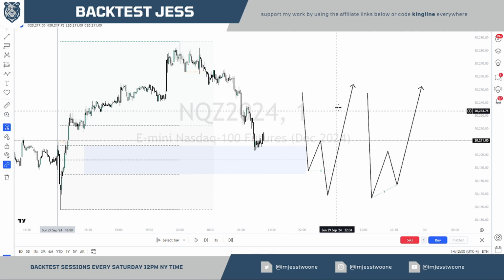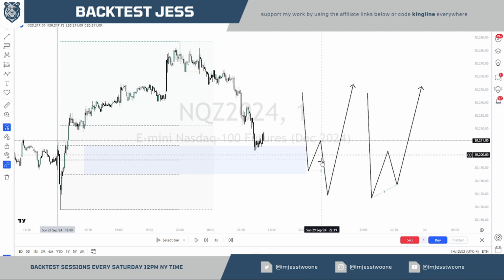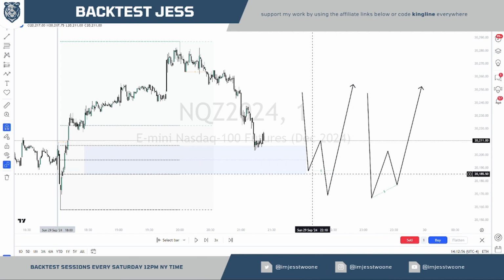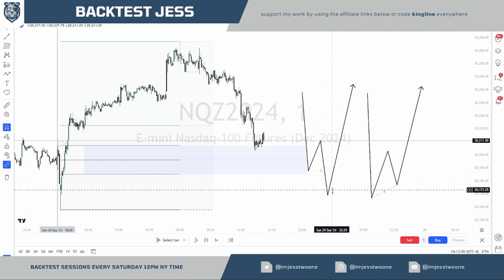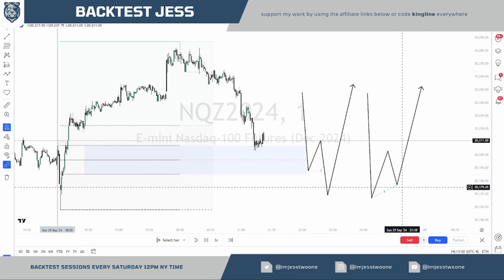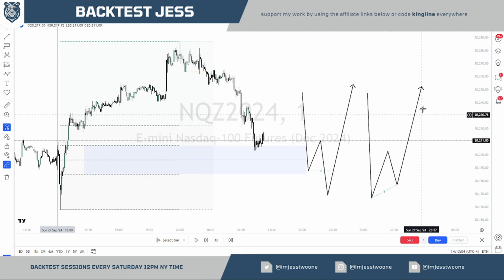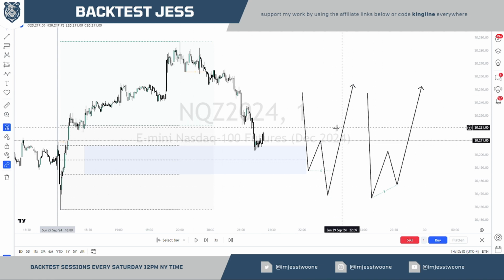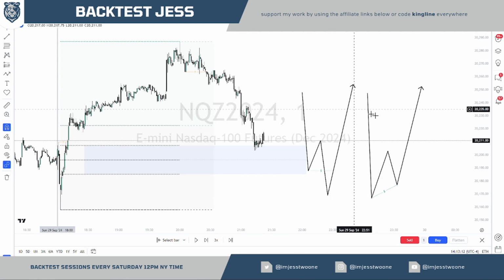So the concept of an institutional swing point is that you either want a low to be taken out, or you want a higher swing low to be formed and traded through, right?